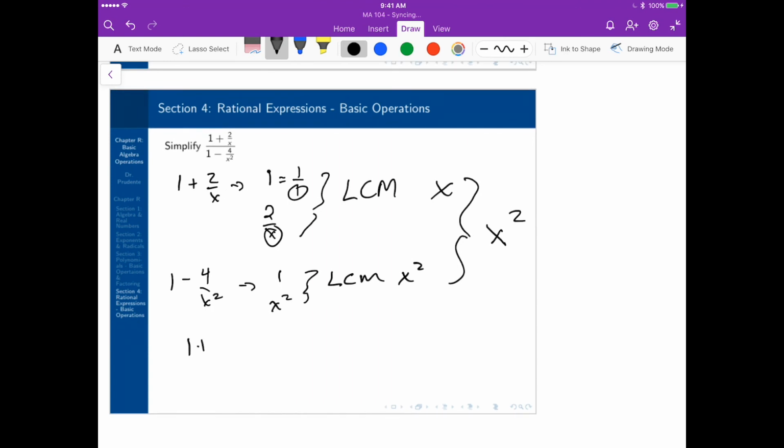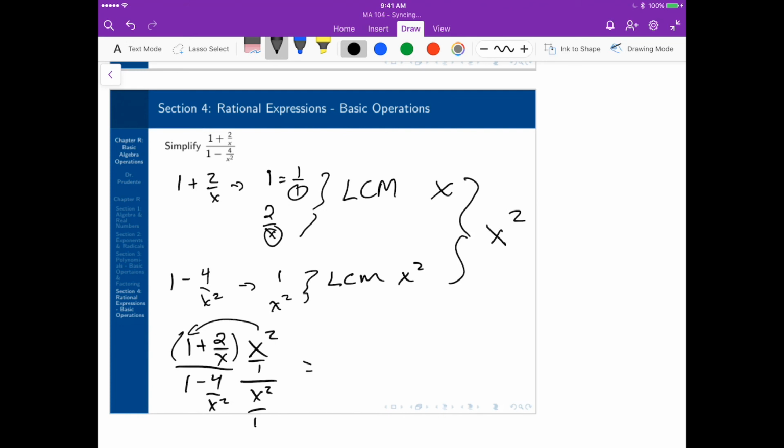So what I'm going to do, I'm going to take my original expression and multiply by x squared over 1 divided by x squared over 1. Again, if I want to multiply anything, I need to multiply that quantity by the numerator and the denominator. And so I'll distribute.